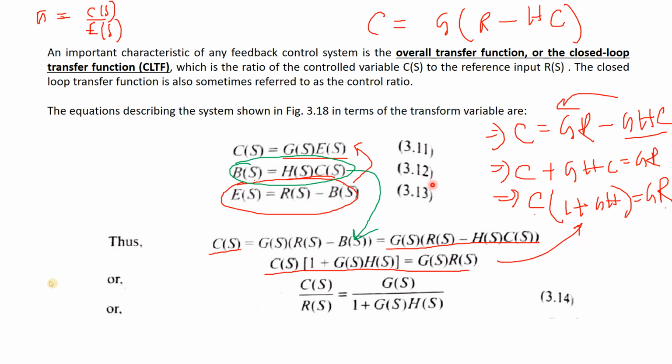Understood or not? So we send RS to the left hand side and this part to the right hand side. It becomes CS by RS equals GS by 1 plus GSHS. So this equation is the main equation for a closed loop transfer function.